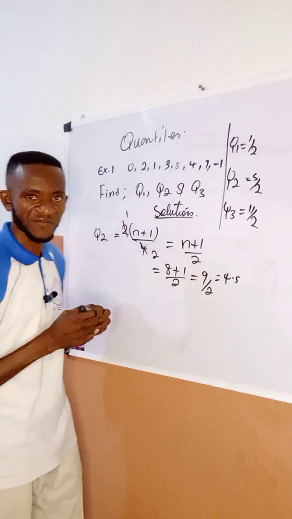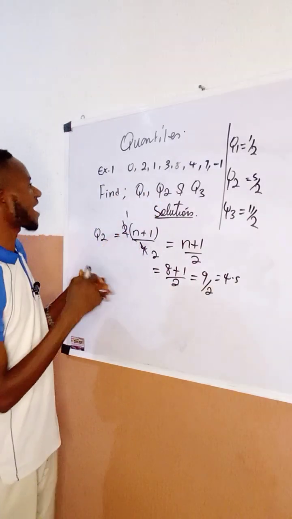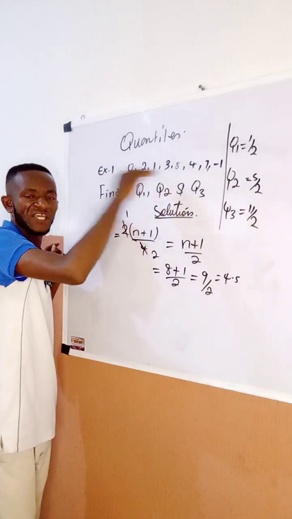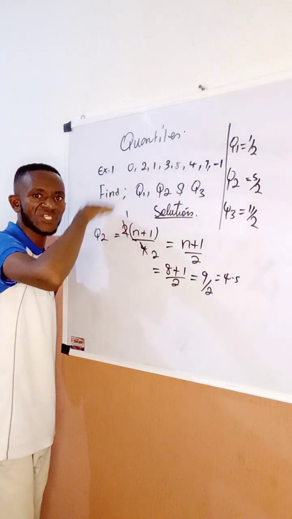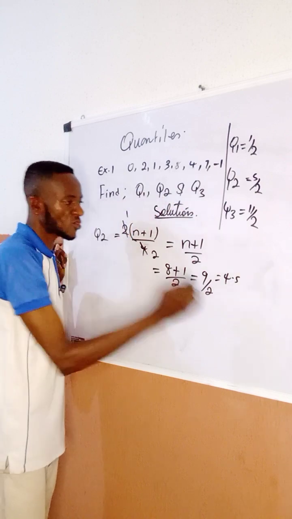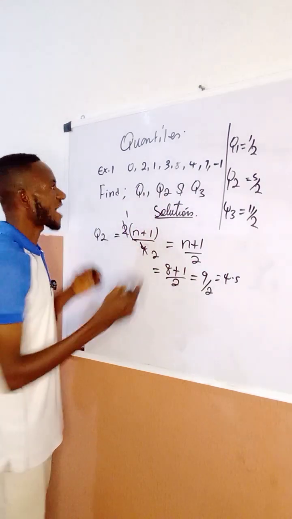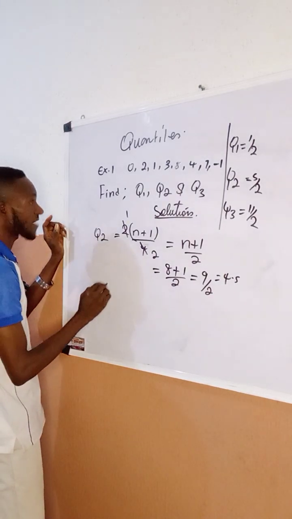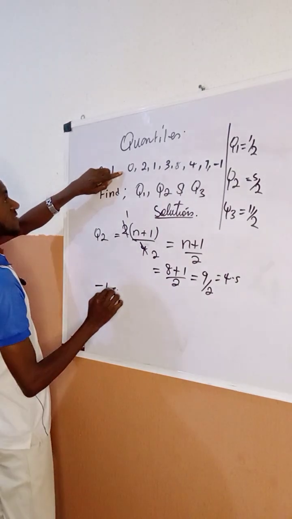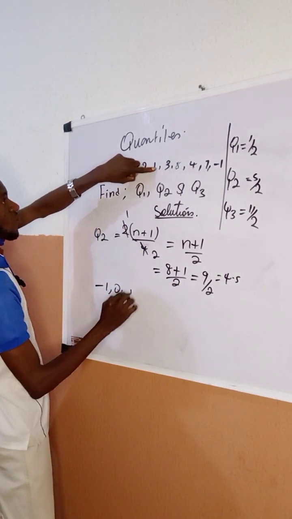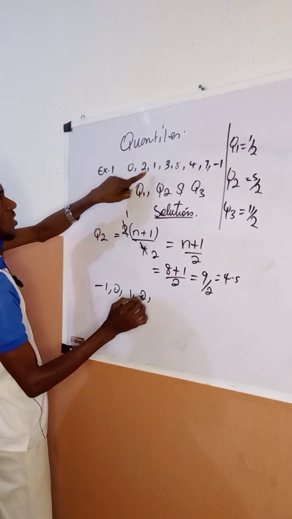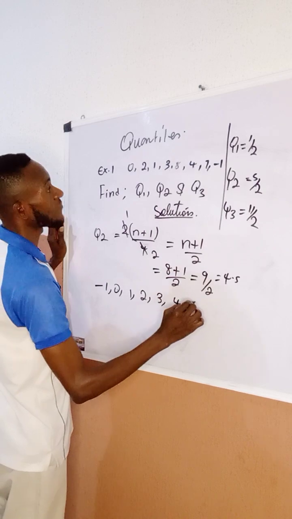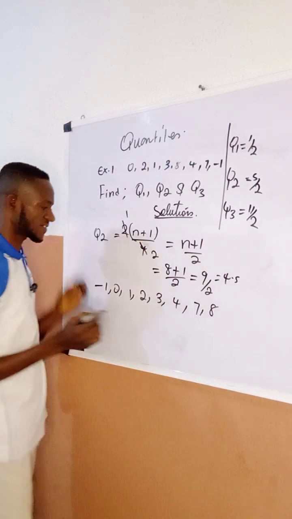Because I've got 4.5, I am now going to first arrange my observations in ascending order of their values to locate the position of this 4.5. We have done it before. It starts with minus 1, 0, 1, 2, 3, 4, 7, 8.